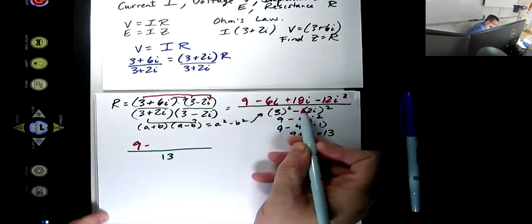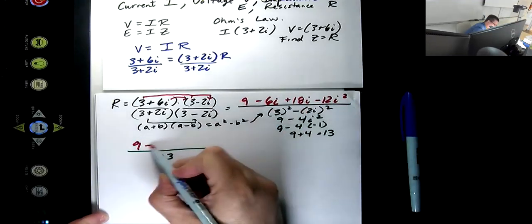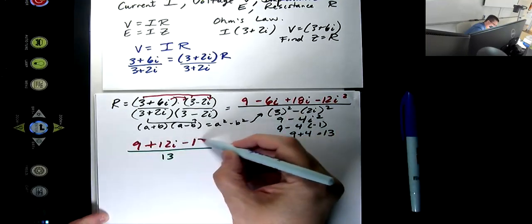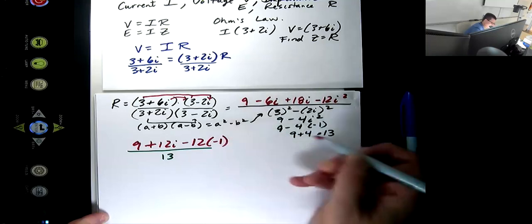Negative 6i and positive 18i add together to make positive 12i. And we still have that negative 12i squared, but i squared is negative 1.